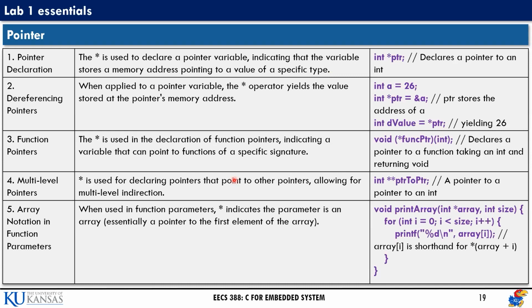Now let's talk about the pointer. This part is the most important part for you, because C is basically a pointer-based language, and in our labs from lab 2 all the way to lab 6, we are going to use the pointer concept in our code.